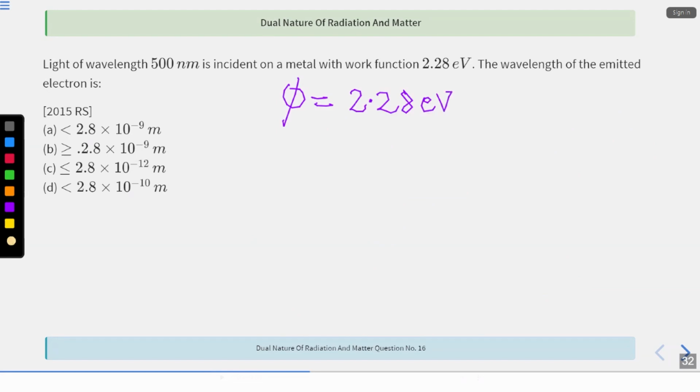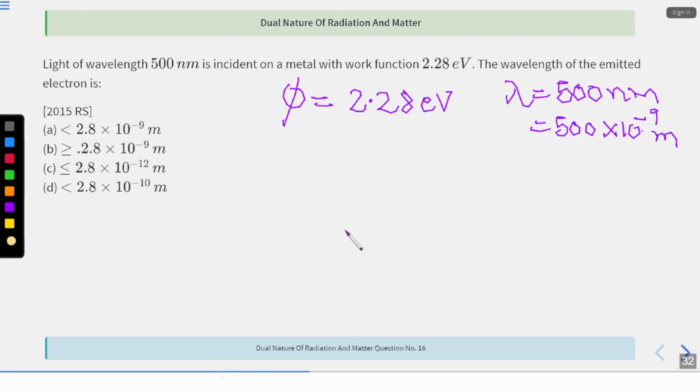Okay. We know that lambda is 500 nanometer.